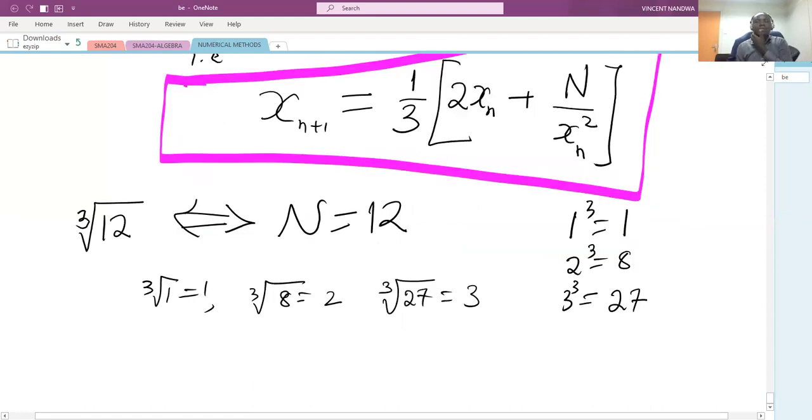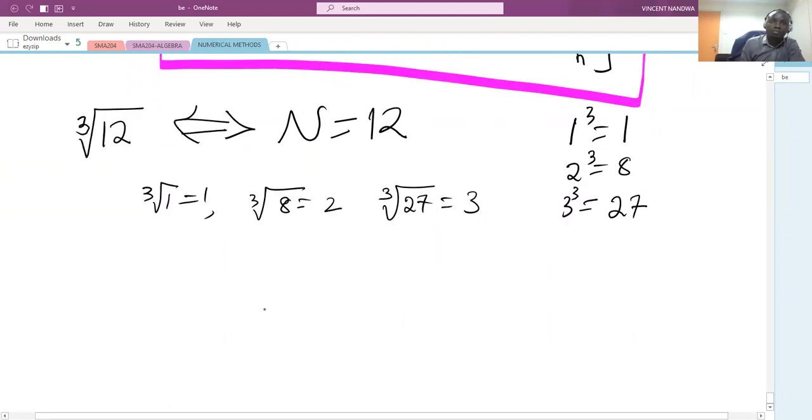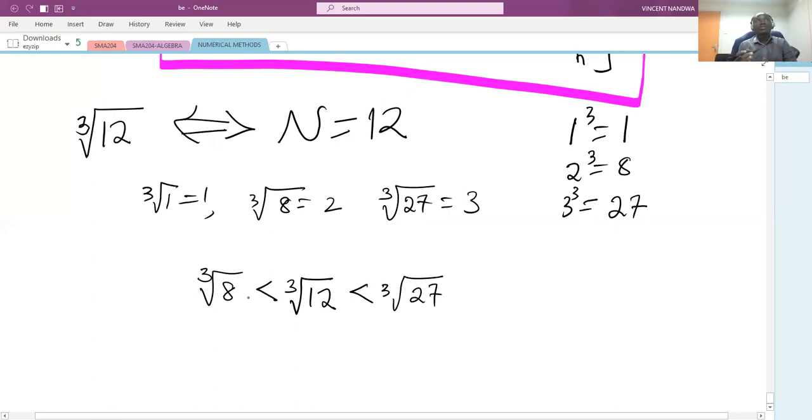This means the cube root of 12 should be between the cube root of 8 and the cube root of 27, because 12 is a number between 8 and 27. So the cube root of 12 lies between 2 and 3.